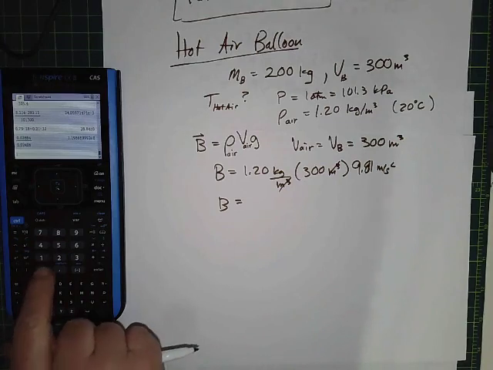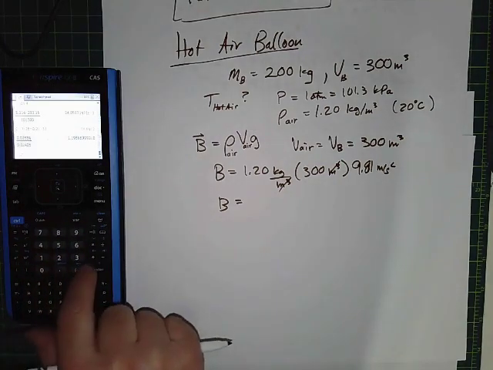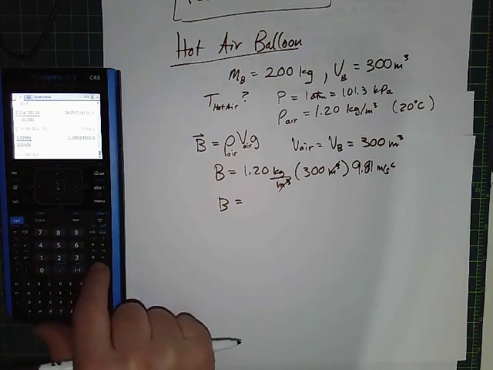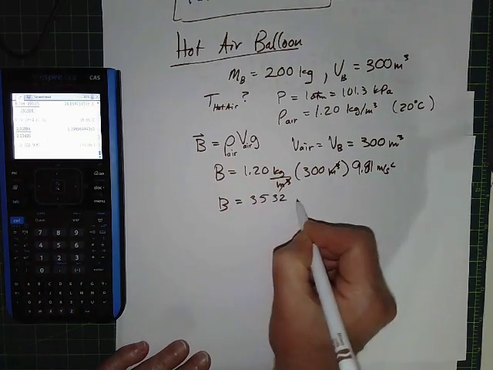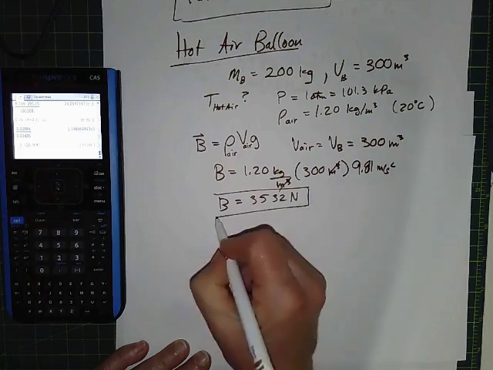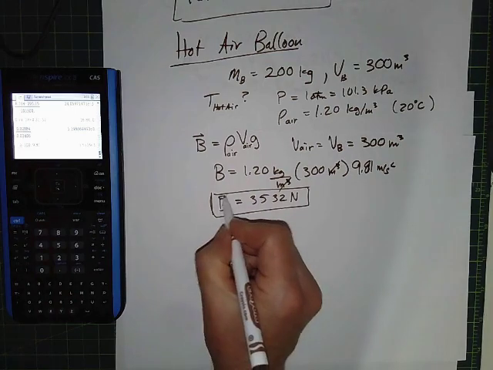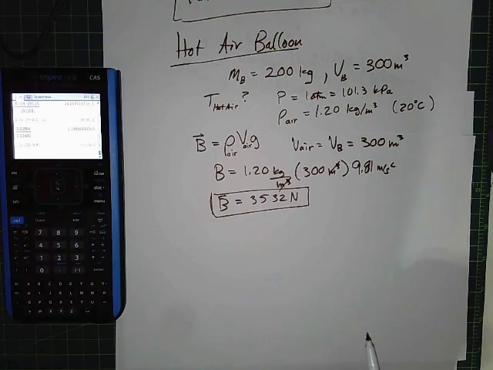Kilogram meters per second squared. 1.2 times 300 times 9.81. We get 3532 newtons. All right, so that's the buoyant force that this balloon and this air can produce, right? So this is the ability the air has to push up on a balloon of that much volume.